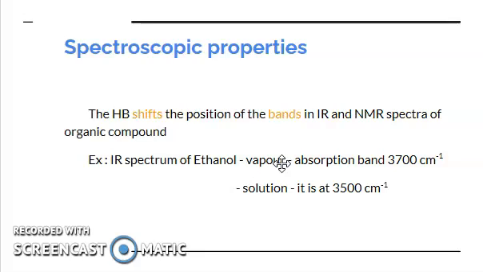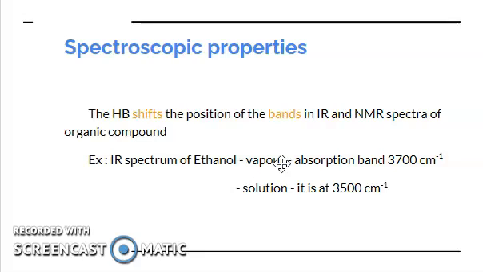Next, spectroscopic properties. Hydrogen bonding shifts the position of the band in spectroscopic results, IR and NMR spectra. Example, I can show here ethanol. Ethanol in vapor form is an individual molecule, and it shows the absorption band at 3700 per centimeter.